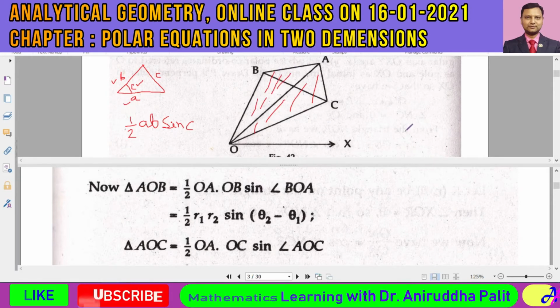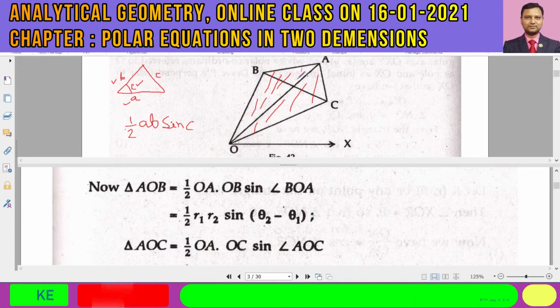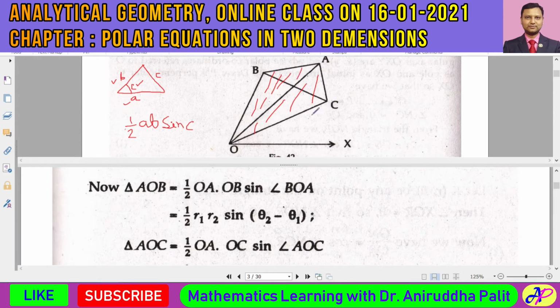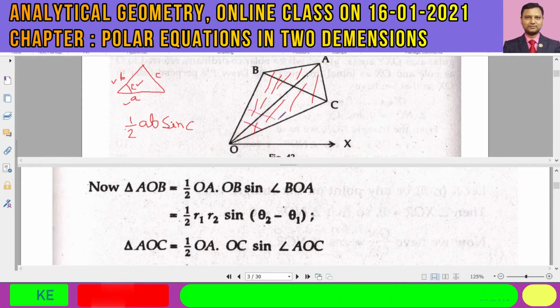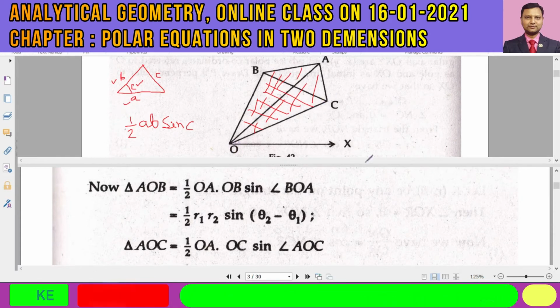And then we ultimately get the area of this quadrilateral OABC. Now from this total area, we are going to subtract the area of this triangle, that means the area of the triangle OBC.